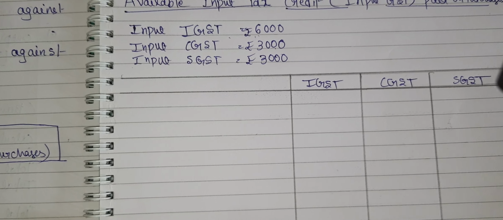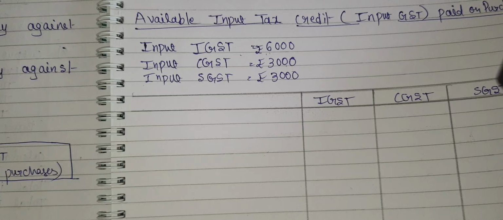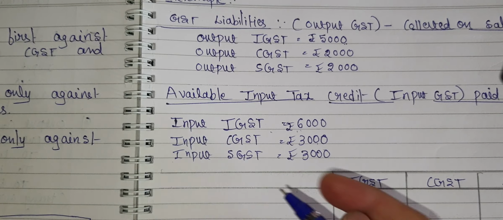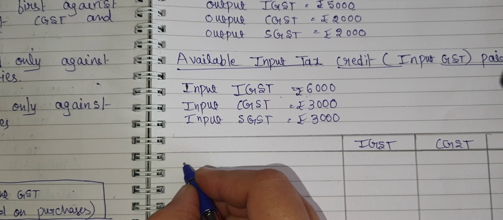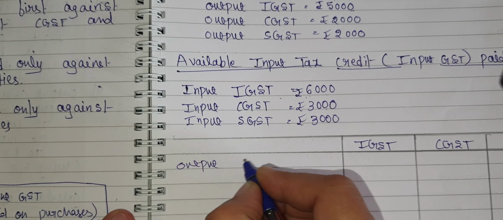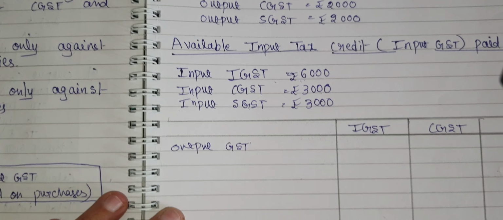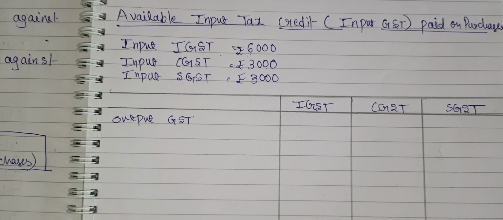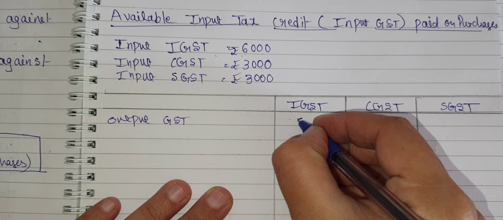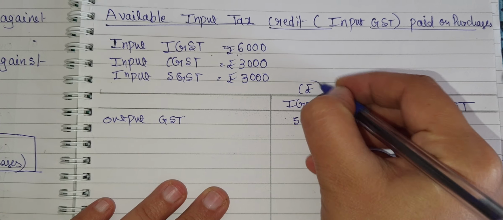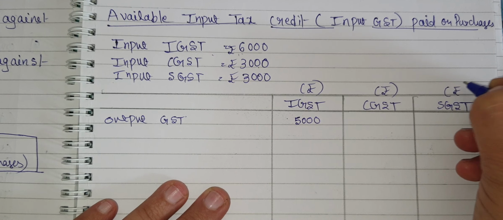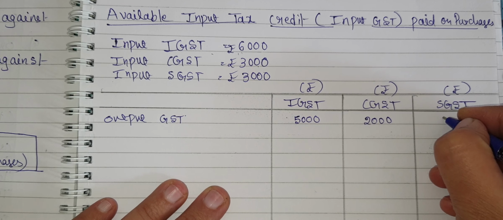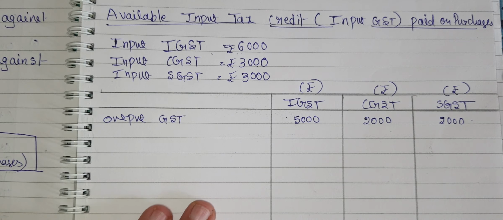Okay. First, what is input tax credit? It means output GST minus input GST. So, output GST: IGST is rupees 5000, I will write the rupees symbol here, CGST is rupees 2000 and SGST is rupees 2000.